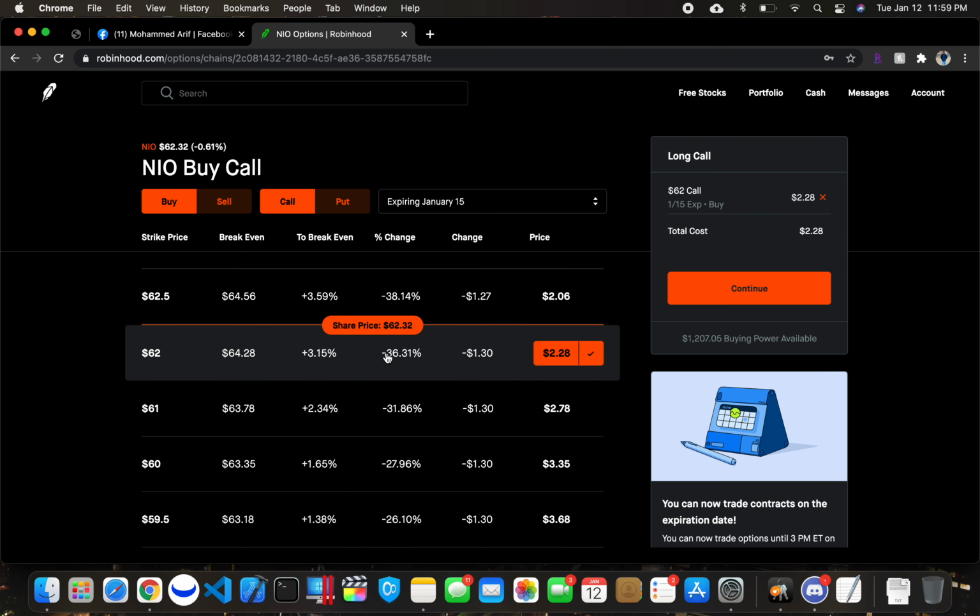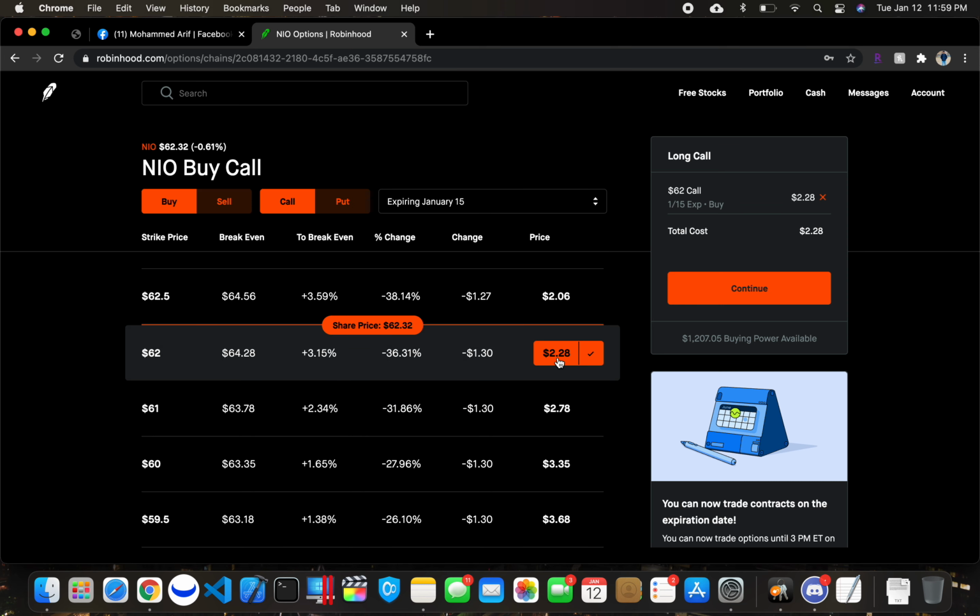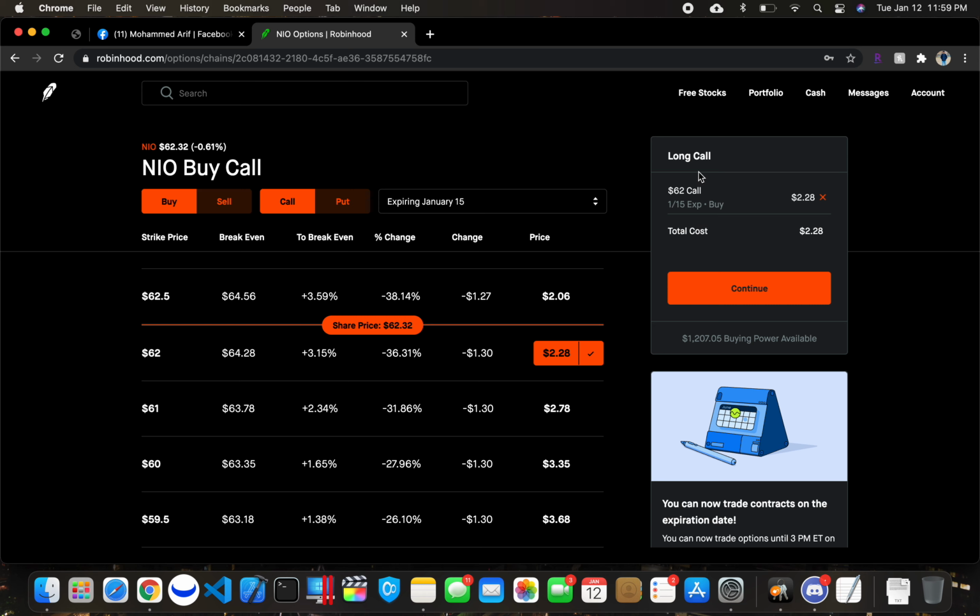So again, here we have the share price, and here we have the strike price at what we want to buy it at. So if you select this, you will have the $62 call, it's a long call, and then you're paying $228.